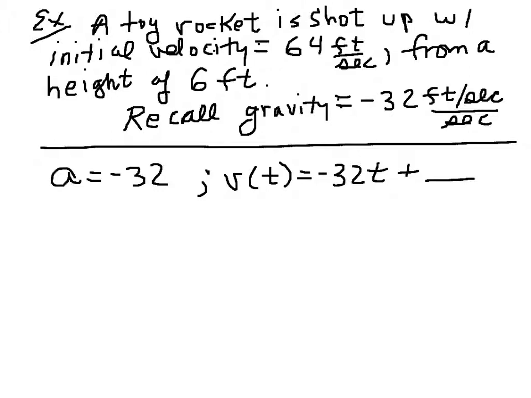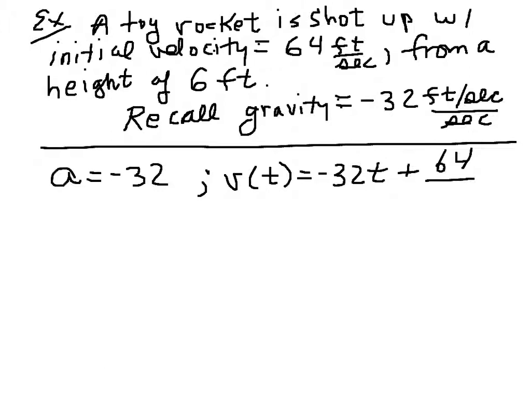Now, figuring out that constant is actually pretty easy, because if I let t be 0, then the velocity is simply what the velocity was when the rocket was shot, and we're told that was 64.